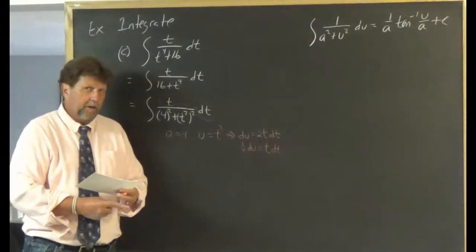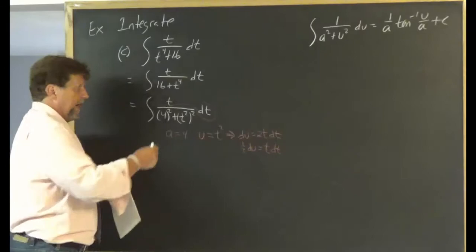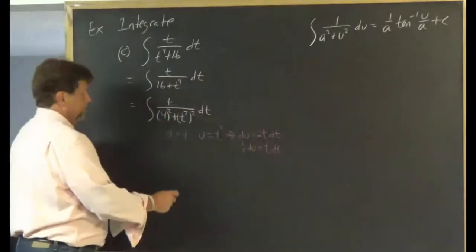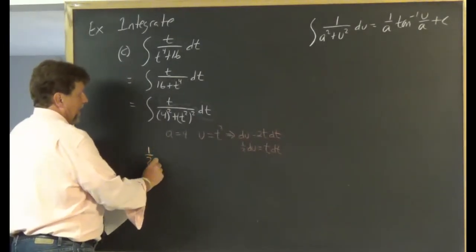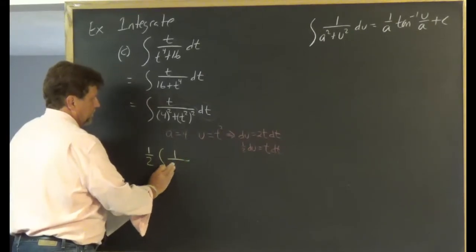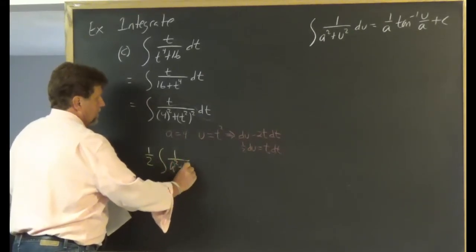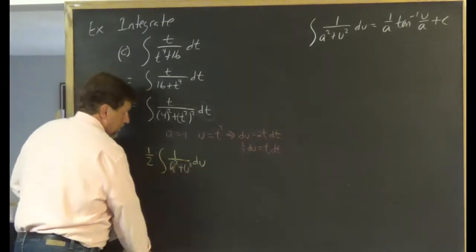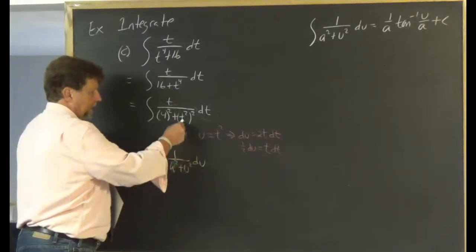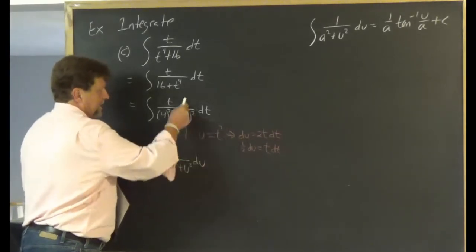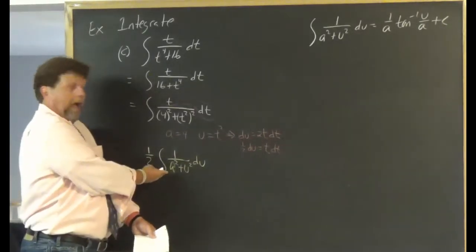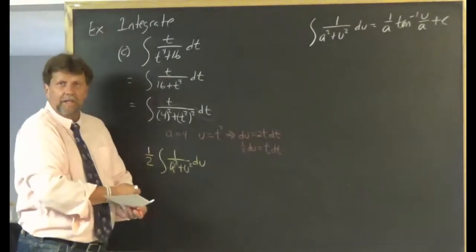In fact, if I were to make all these substitutions, I've turned this integral into 1/2 the integral of 1 over a squared plus u squared du. I'm saying a is 4, u is t squared, 1/2 du is the t dt, 1/2 out front. I can't make it look any more like inverse tangent than that.